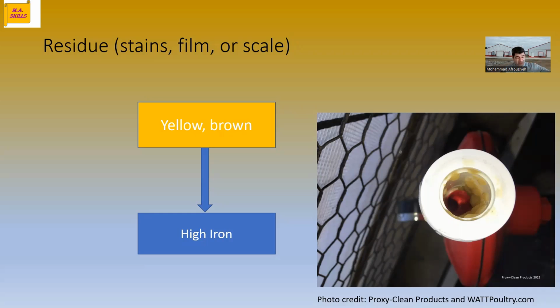But I will talk about this more specifically in the biofilm cleaning video. Biofilm is the combination of build-up scales from minerals and the pathogens. So they are going to build a community called biofilm.